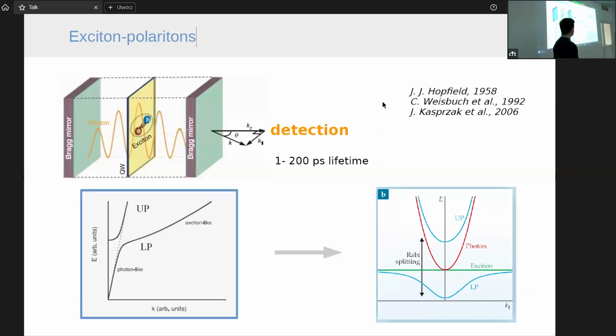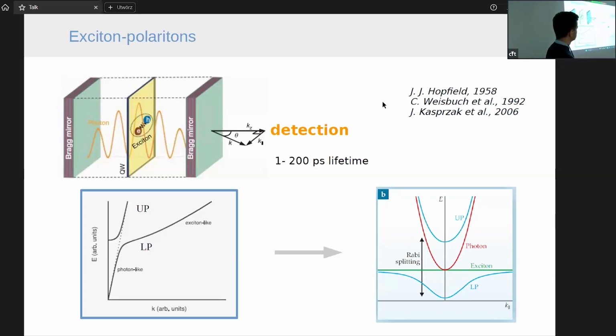So what are the interesting properties of such quasi-particles? If you couple these particles in a microcavity, such as depicted here, then you fix the momentum of the photon in this direction, because it corresponds to the momentum of the standing wave. But you still have freedom to have momentum of the polariton in the direction parallel to the surface of the mirror.